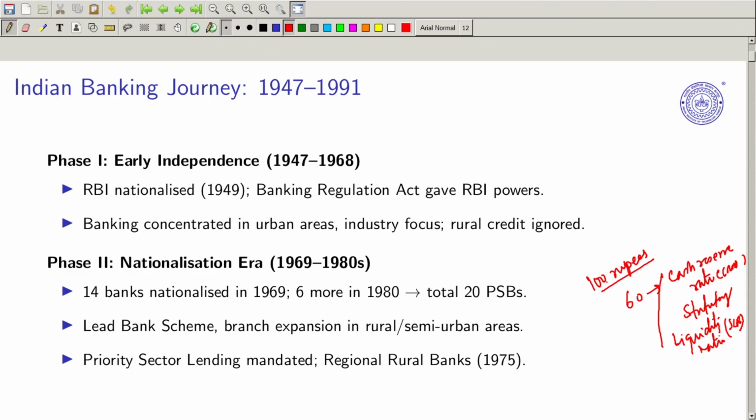Then came the Narasimham Committee. After the balance of payments crisis, it was felt that banking sector liberalization must happen, because economists started talking. So the Mackinnon and Shaw theories came in, and at that time it was felt that there was a need to expand or open the banking sector.